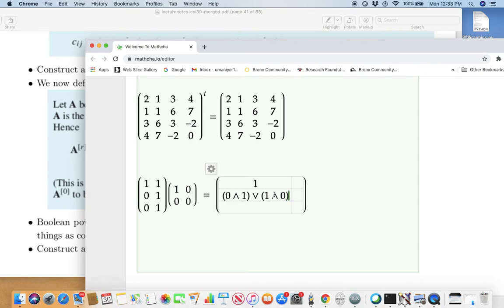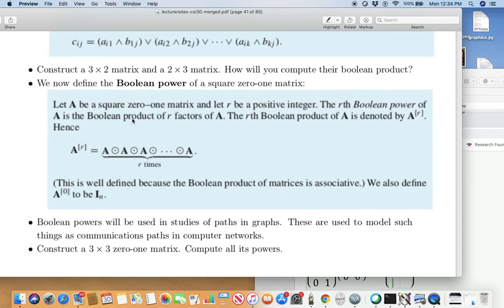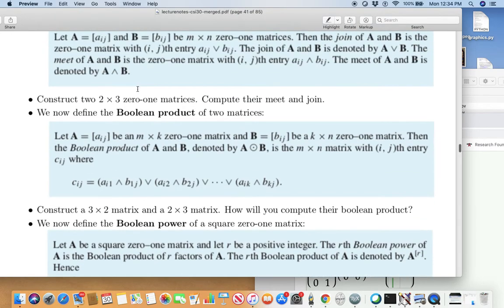Okay. 1 and 0 is 0. 0 and 1 is 0. 0 or 0 is 0. I hope you have an idea now how you would multiply 0, 1 matrices in bit operation. So that is the Boolean product.